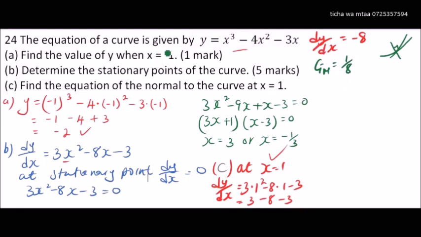So with that, we get the gradient, and then from there, we need a point. Since we are told that x is equal to 1, we find y by substituting in our function.